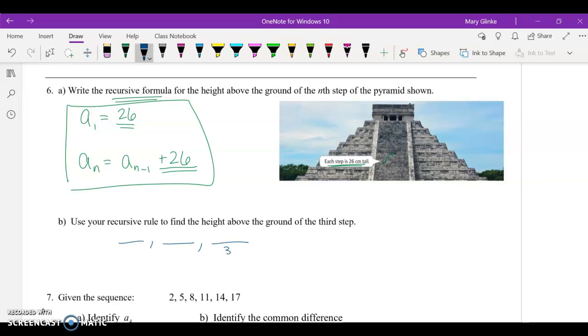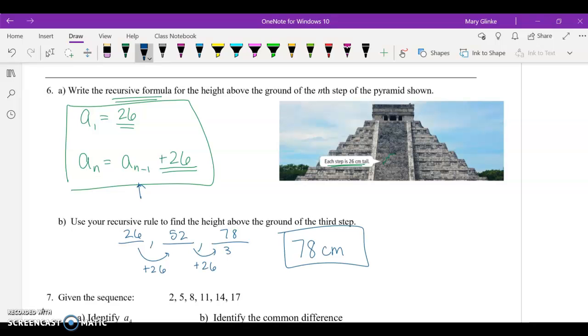That's saying our third term. Our first term is 26, and to get to my next one, I take the previous one and add 26. So I'm going to have 52, and then I'm going to add 26 again to get 78. So this is going to be 78 centimeters tall for the third step.